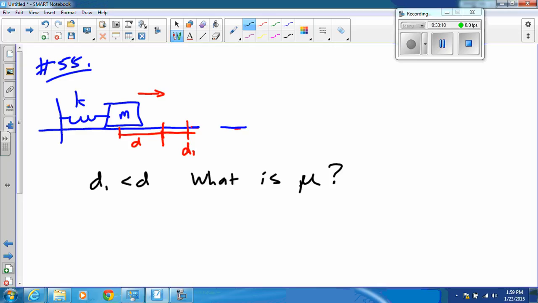So, how might we go about finding out how much energy was taken away by friction? By finding the normal force. Good. That's the basic right idea.